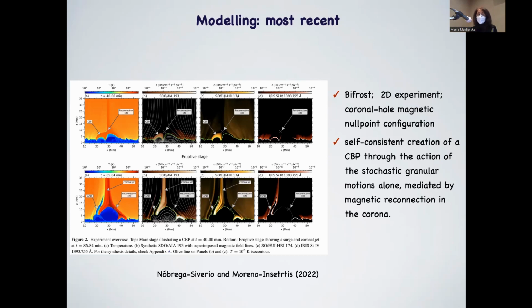What is important in these simulations is that the driver is stochastic granular motion alone. They don't put anything artificial to push the loops so that the reconnection can take place. However, they impose the so-called magnetic null point in the corona, where the magnetic reconnection will happen and the plasma will be heated.